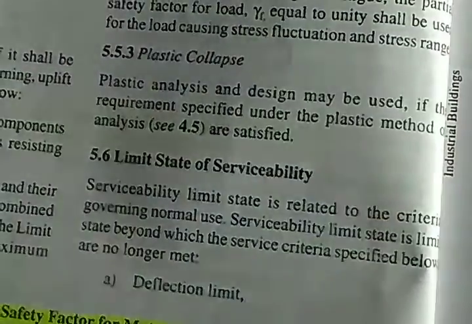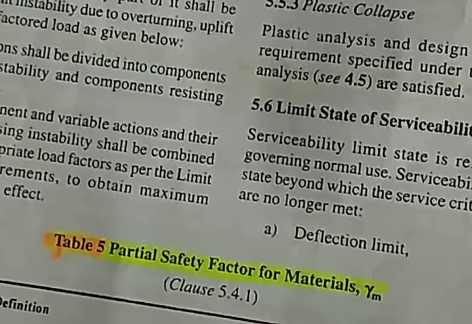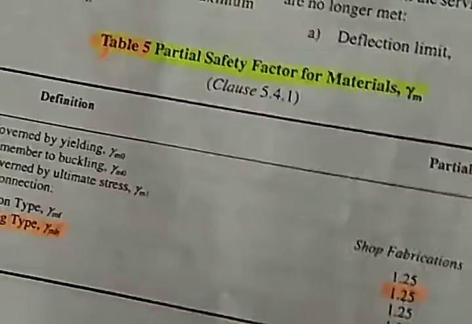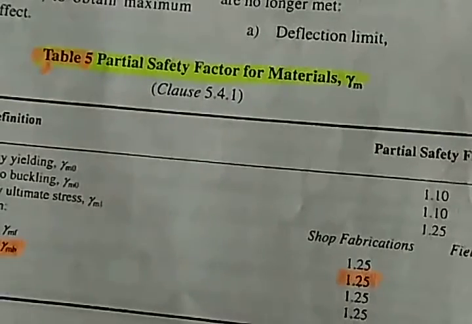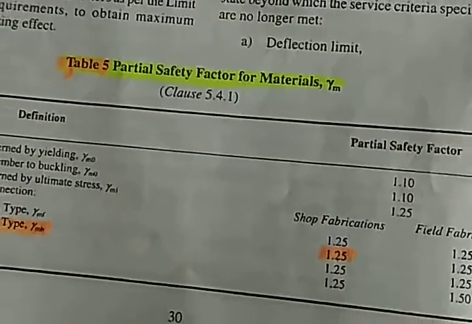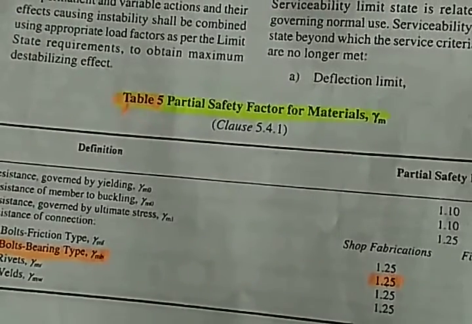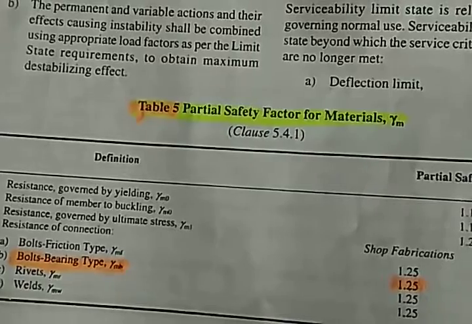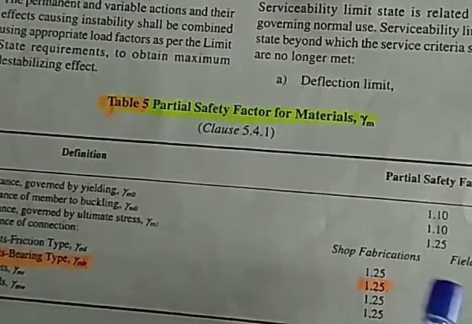If you look at table number 5 on the earlier page itself, gamma MO, resistance of members to buckling, has the value 1.1.